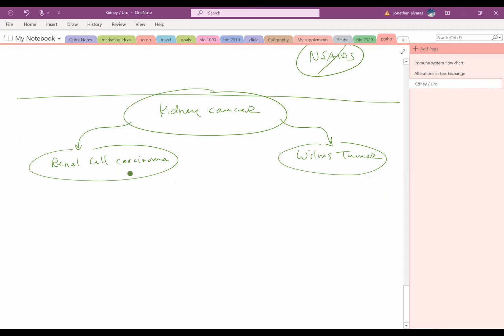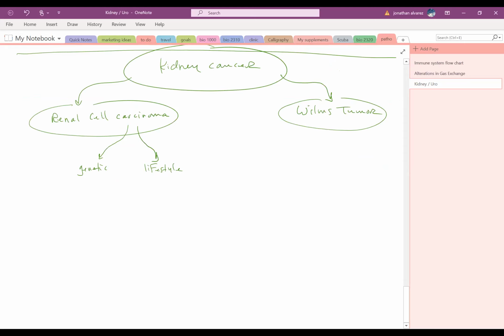It can either be genetic or lifestyle induced, such as drugs, alcohol. And by the way, this is abuse of drugs, abuse of alcohol, smoking, obesity, hypertension. Okay, poor diet.